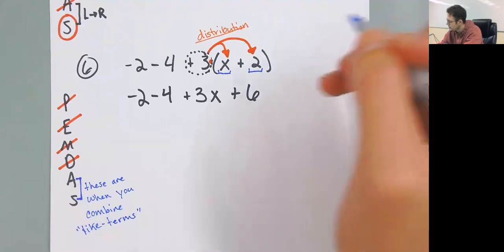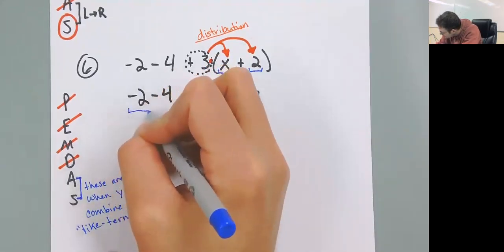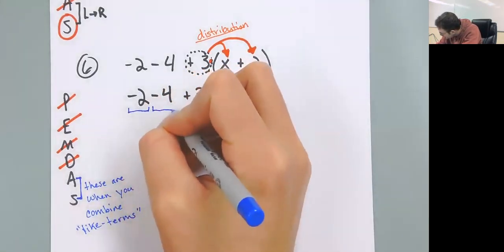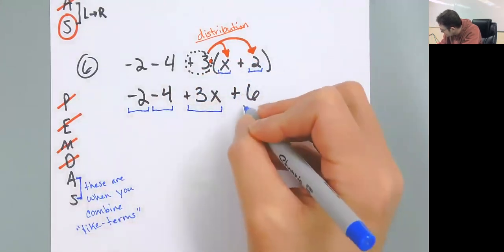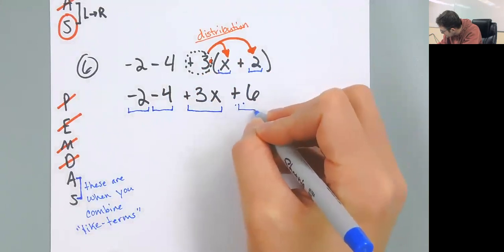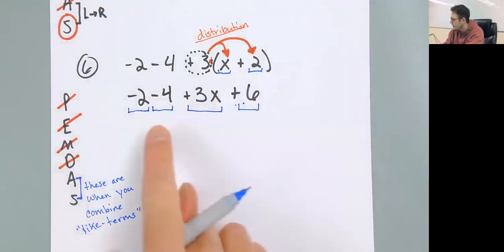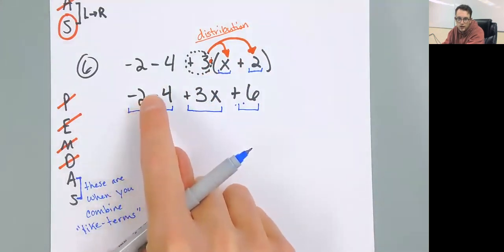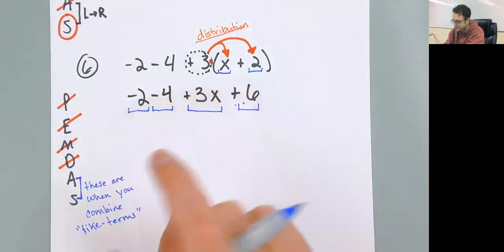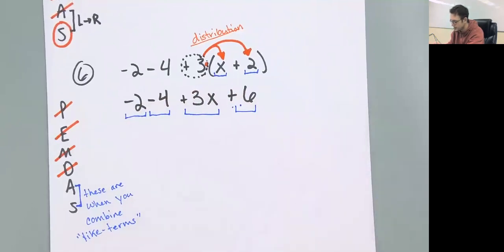All right, so I have a -2 here. I have a -4 here. I have a positive 3x here. And I have a positive 6 here. All right, I have 4 terms which are all separated by subtraction, addition, and addition. Now you have to look at which of them are like terms.